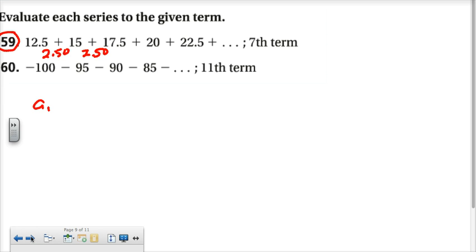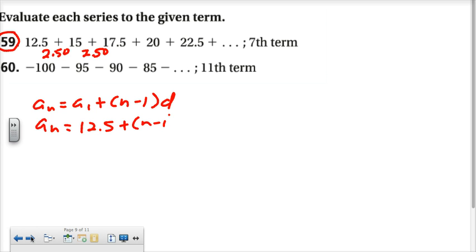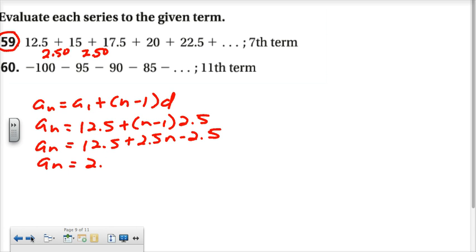So a sub n equals a sub 1 plus n minus 1 times d. And the first term was 12.5, and that common difference was that $2.50. So 12.5 plus 2.5n minus 2.5, that will be 2.5n plus 10. Worked out really nice there.